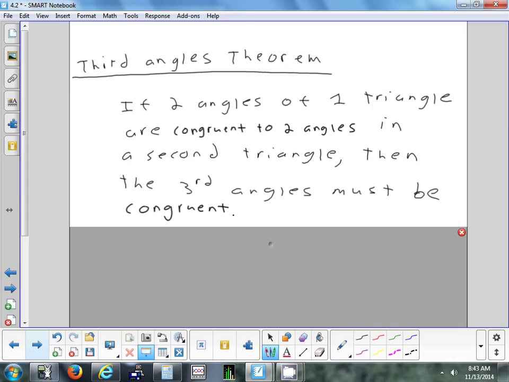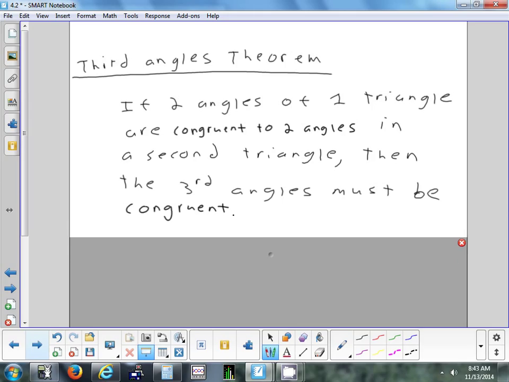They have to be congruent. Think if you had a triangle that had angles of 80 and 20, and then you had another triangle with an angle of 80 and 20. Well, if all the angles have to add up to 180, then the third angle must be the same in both of them because the other two angles were the same. Okay? That's the third angles theorem.